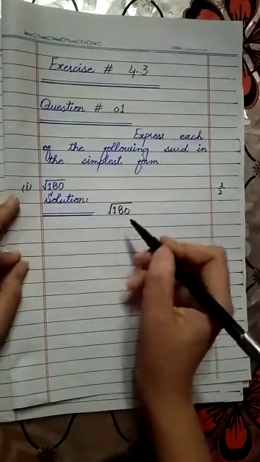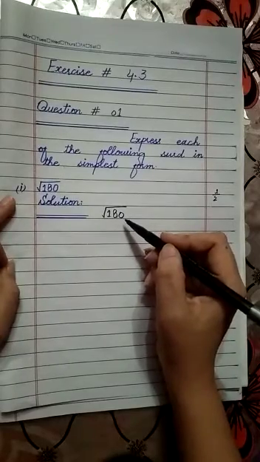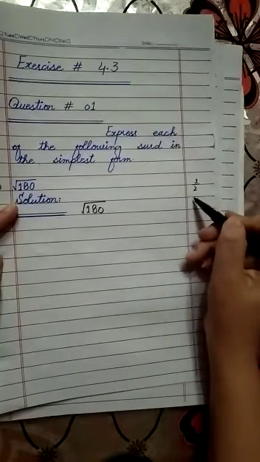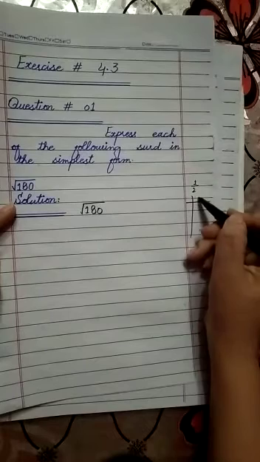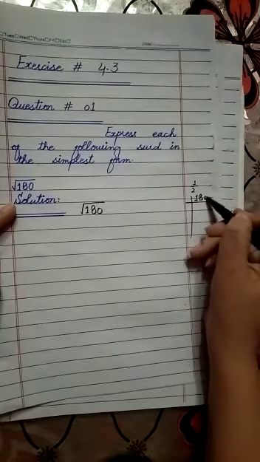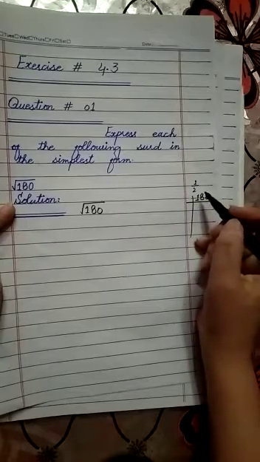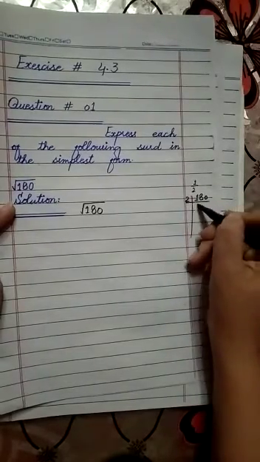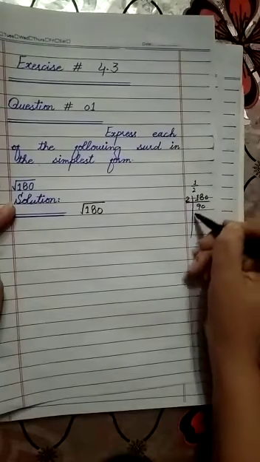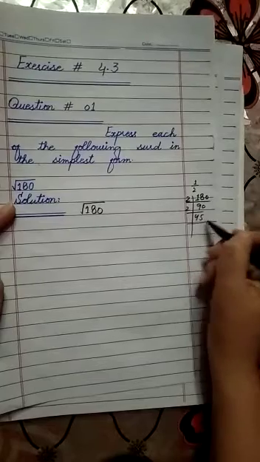Okay, so we have to simplify it. We will simplify it by prime factorization. That is 180. We'll start from the very small prime number, that is 2: 2 nines are 18, 2 zeros are 0, 2 fours are 4 times, and 5.